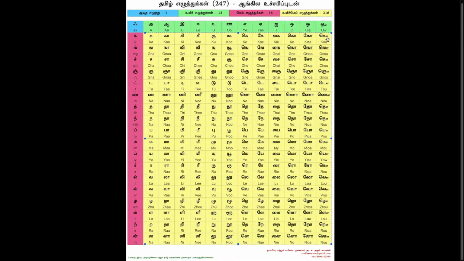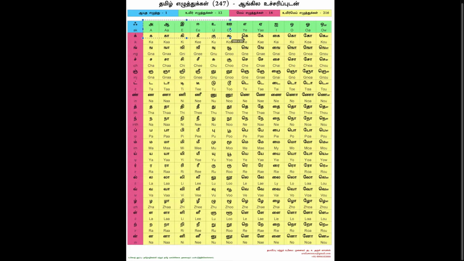So this is it. If you know those 10 tricks, you know those 10 times 18 letters. The reason why I'm telling you this is that when I said 247, you must have thought, oh God, I have to learn 247 letters. No, you don't.